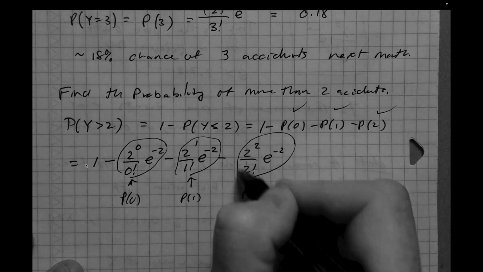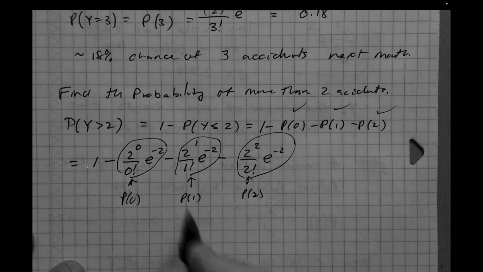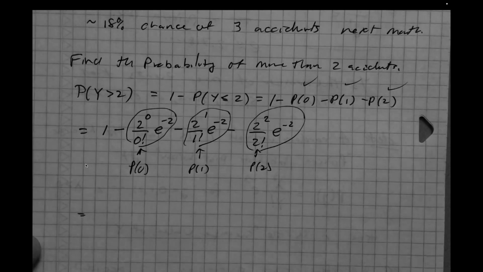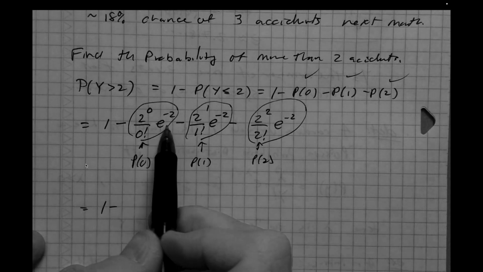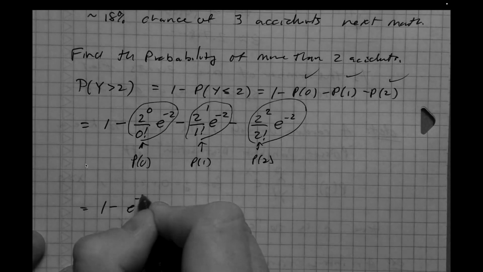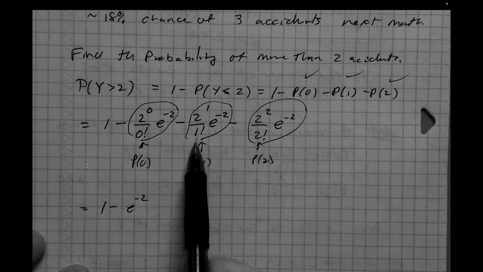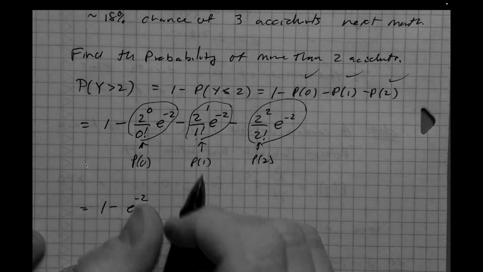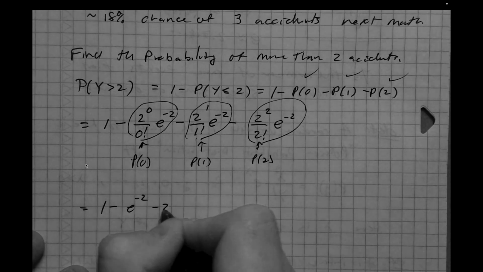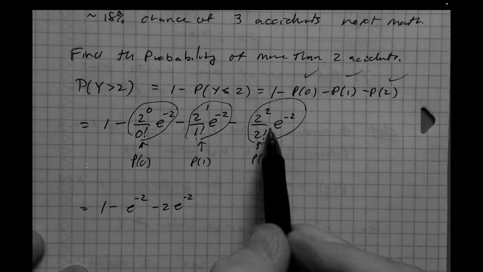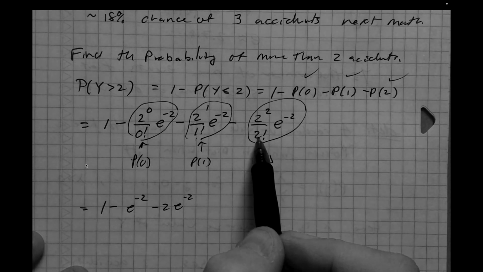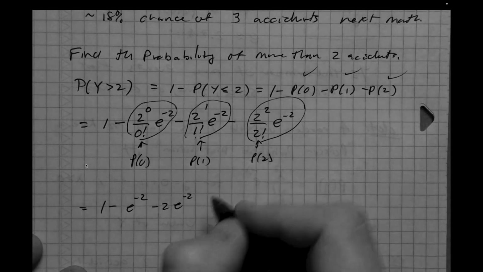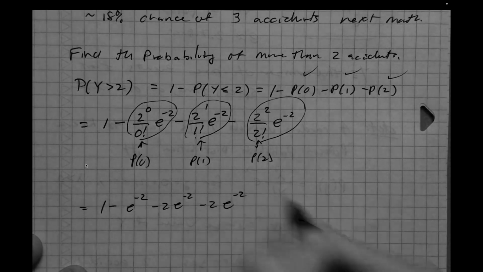You just calculate each of those individually, and you can do a lot of simplification here. So this is really 1 minus, this is all just 1 times e to the negative 2 power. And then this one, you get 2 times e to the negative 2 power. And then this one, you get 2 times 2 is 4 over 2, and so that one you should get, again, minus 2e to the negative 2.